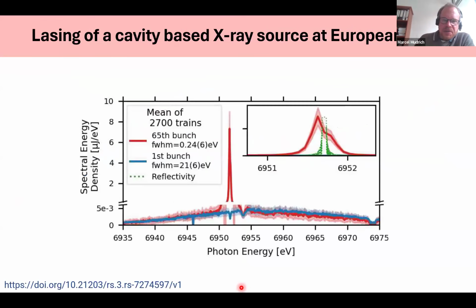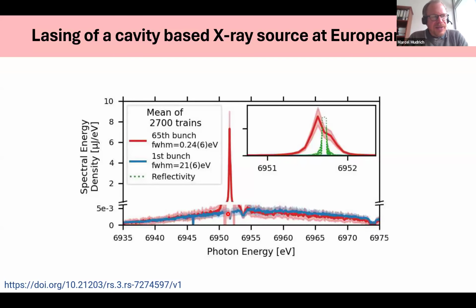And this is now going back to the previous slide. This is more or less what people now see, only not with a conventional laser in the visible or infrared, but with this free electron laser in the X-ray range. And this is really the first realization of a real X-ray laser, which is not just a SASE FEL.